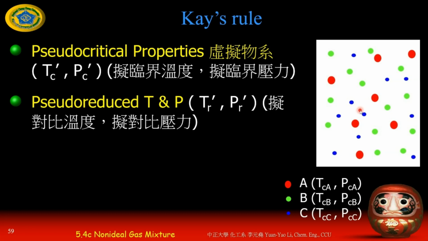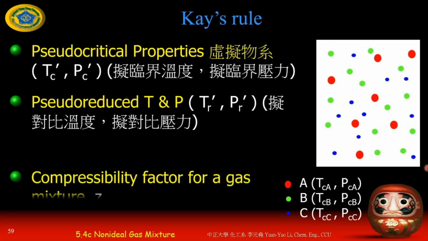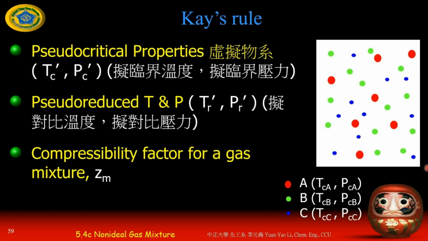Pseudo means that it's not real, but we use this TC prime, PC prime, and TR prime, PR prime for the calculation only. Okay, for the calculation only. So if we have TC prime, PC prime, and if we have TR prime and PR prime, we probably can use the compressibility chart to find out the compressibility factor, Zm.